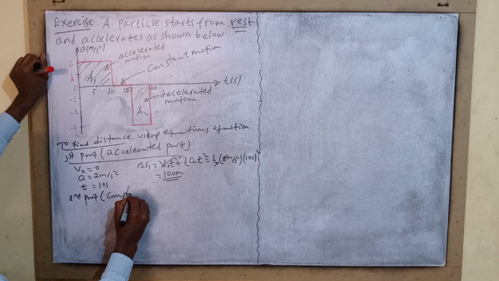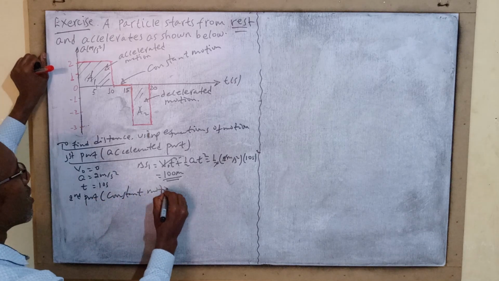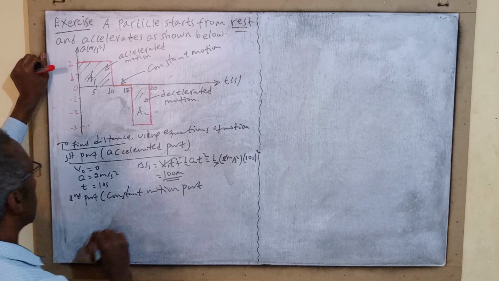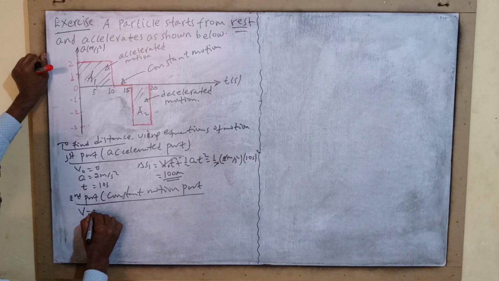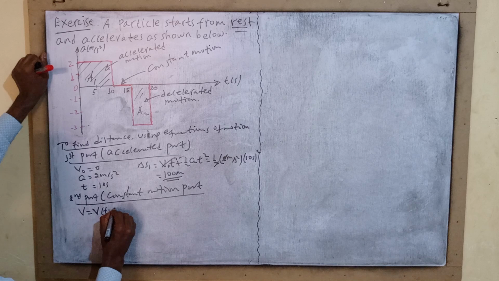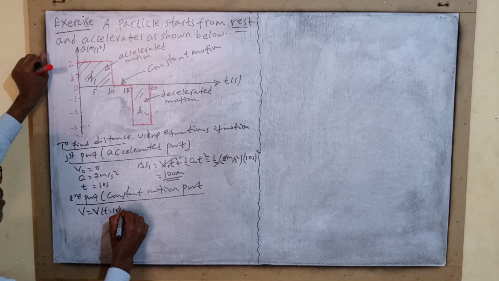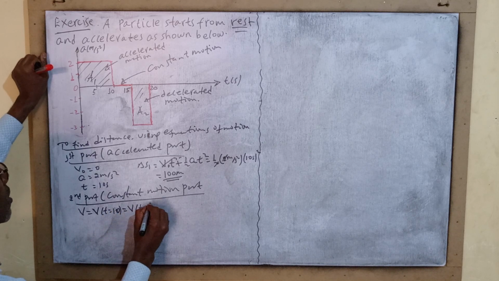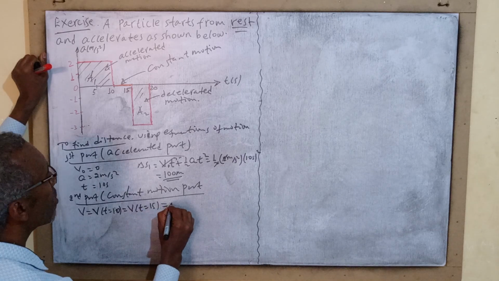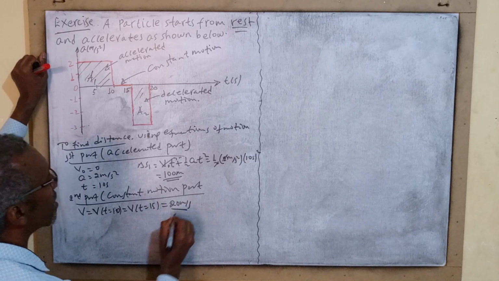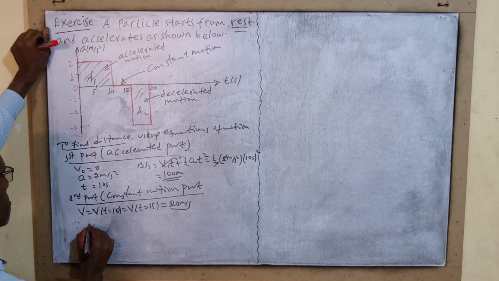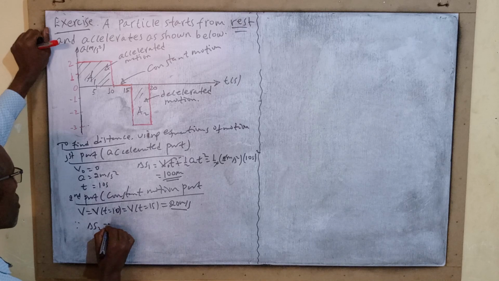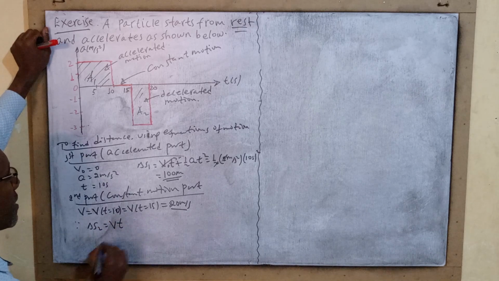For the second part, the constant motion part, the speed is constant. v is equal to constant. That is, v at t equals 10 seconds is equal to v at t equals 15 seconds, which is equal to 20 meters per second, that we already found. Therefore, displacement delta S2 is simply v times t.